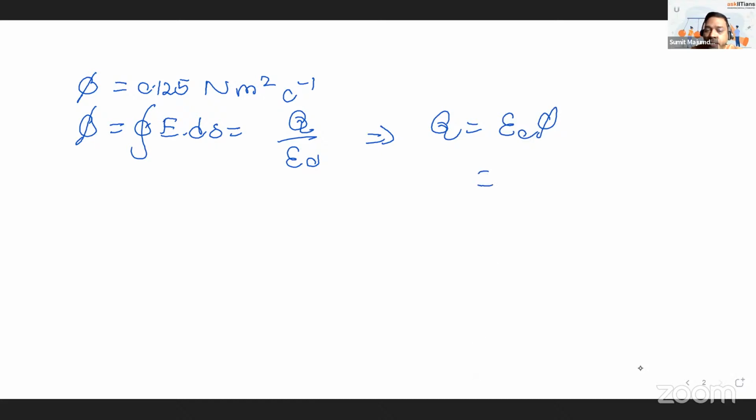So it is 8.85 into 10 raised to power minus 12, into the flux, which is equal to 0.125 Newton meter square Coulomb inverse, right? So using this, you can figure out the value. That tells us the answer for this one.